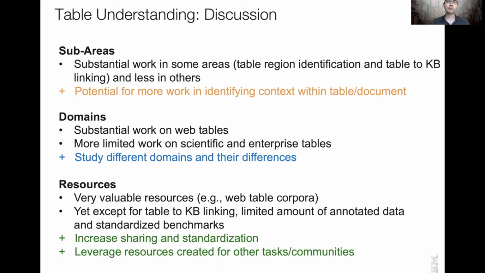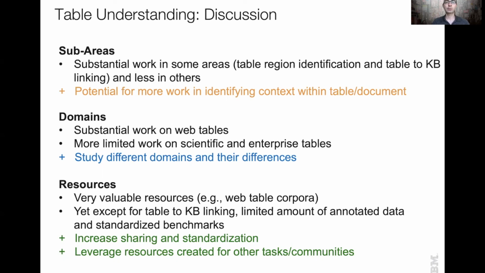The second has to do with domains. Primarily due to the large web table corpora, there has been substantial work done on web tables. On the other hand, if we look at scientific and enterprise tables, there are some threads there. There are threads on identifying tables from spreadsheets, but this is much more limited than the web table work.